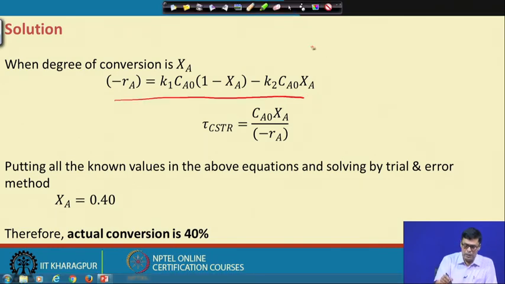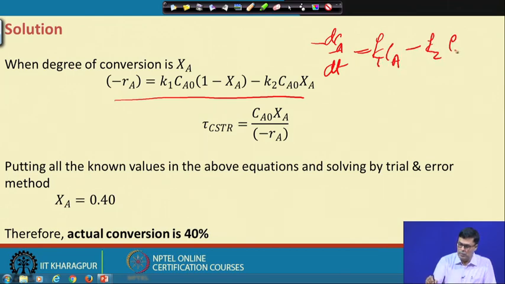Minus dCA by dt equal to K1 into Ca minus K2 into Cb. Ca equal to Ca0 into (1 minus Xa), and Cb equal to Ca0 into Xa, because we considered Cb0 equal to 0. So, if you consider that, it is like this.